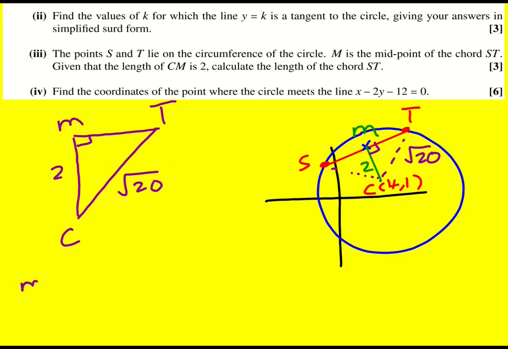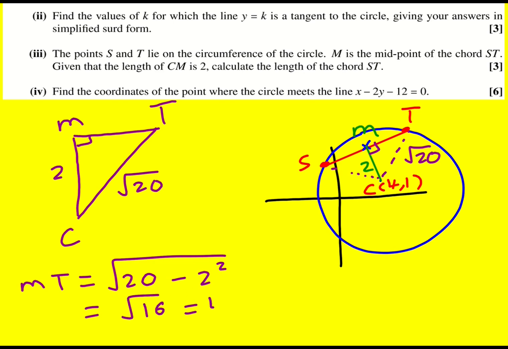And so MT is going to be the square root of 20 minus 2 squared, rooted, which is going to be root 16, which is 4. And therefore, ST is equal to 2 lots of MT because M was a midpoint, remember? So it's going to be 8.